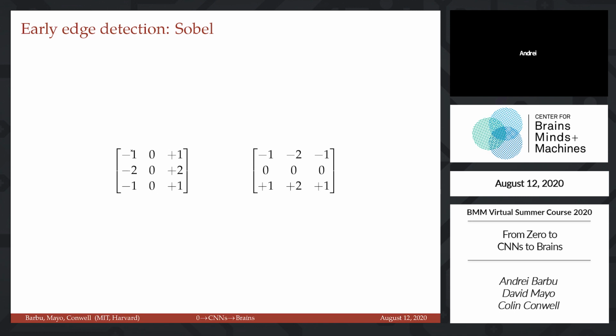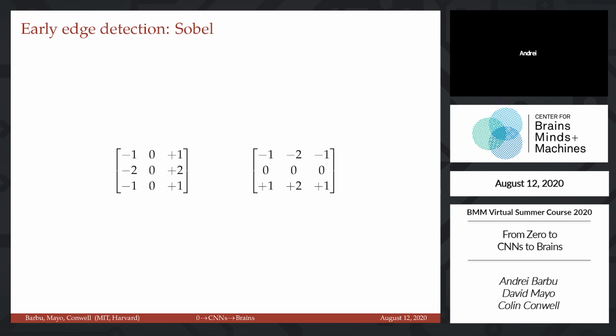But if there's more energy on this side and less energy on this side, or vice versa, that won't cancel out. And so you'll get a high response for this kernel. In other words, this kernel is looking for vertical edges, and this kernel is looking for horizontal edges, and that's when they're going to have maximal response on any 3x3 region of an image that they're being convolved with.